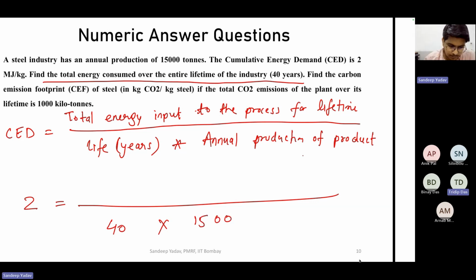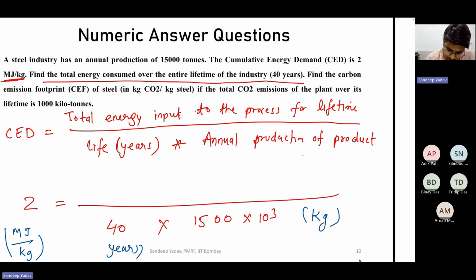Tons we can multiply by 10 raised to power 3 because this is given in megajoules per kg, so it needs to be in kg. Now we need to calculate the total input energy.